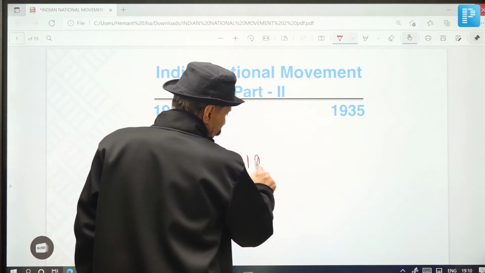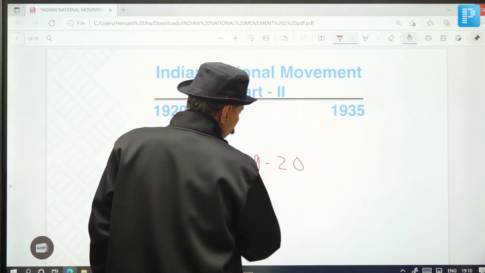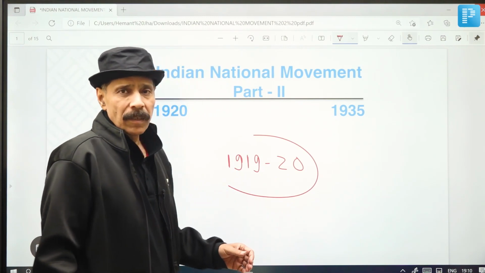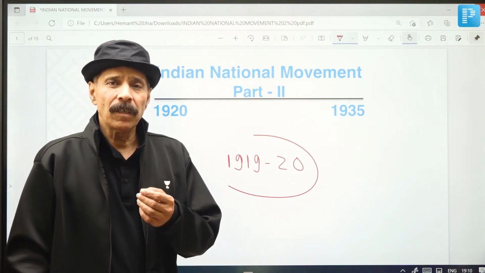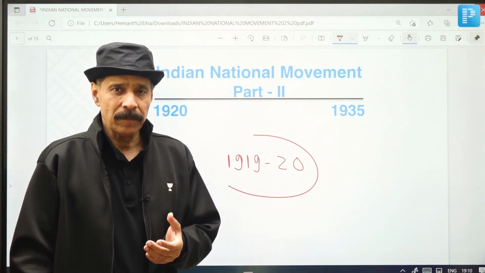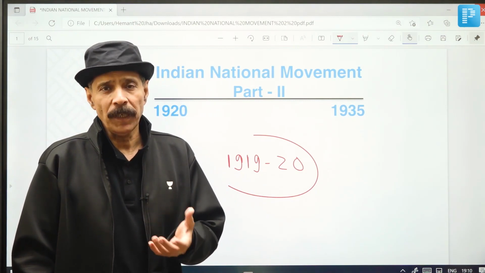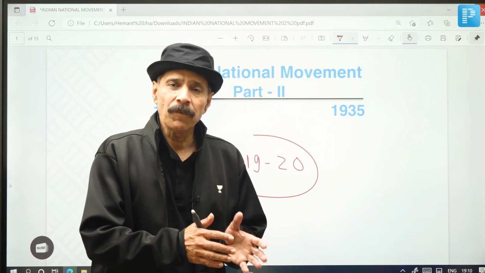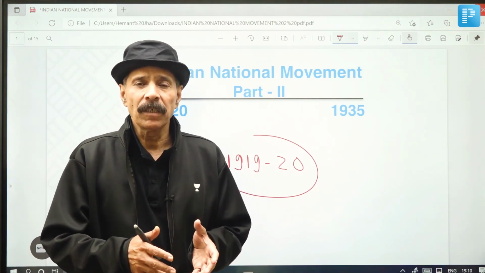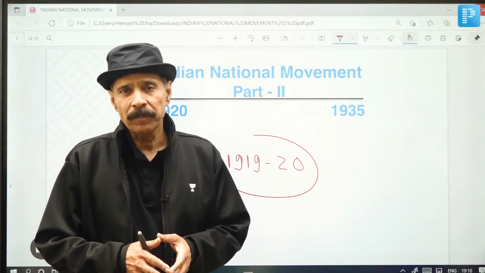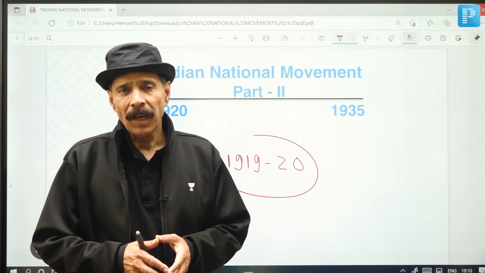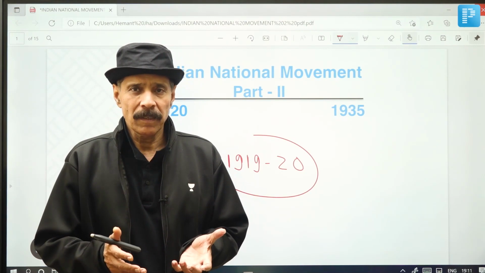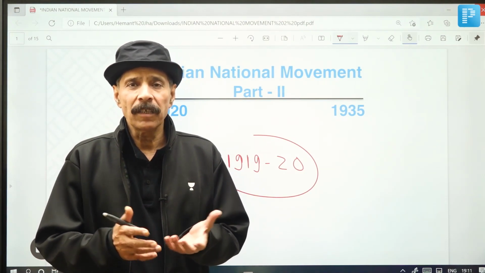One significant piece of information for you is that 1919-20 marked the beginning of the third phase, and of course a new phase, of the Indian National Movement. The first phase being the phase of the moderates, the second being the phase of the extremists, and the third phase is the phase of Mahatma Gandhi, popularly known as the Gandhian phase.